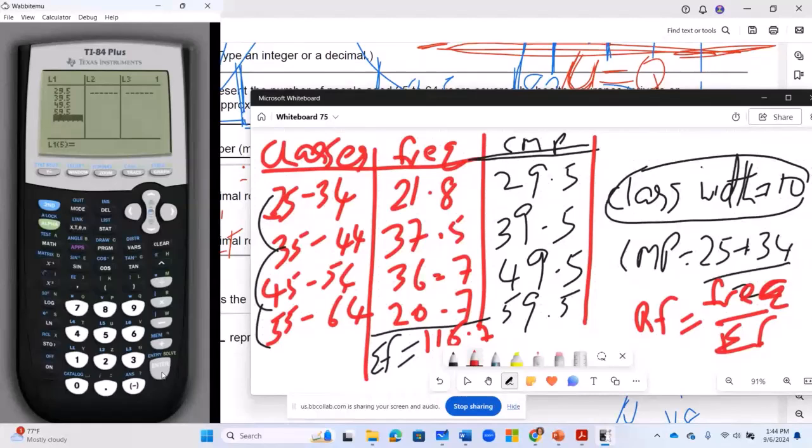So the class midpoint is in L1, frequency in L2. I'll type my frequencies in there: 21.8, each frequency with the number, 35, 37.5, enter, 36.7, enter, and 20.7.